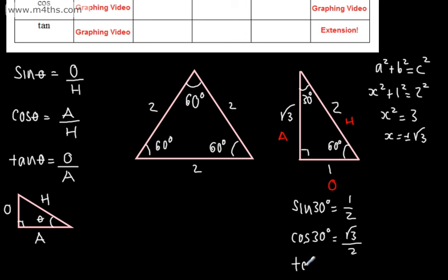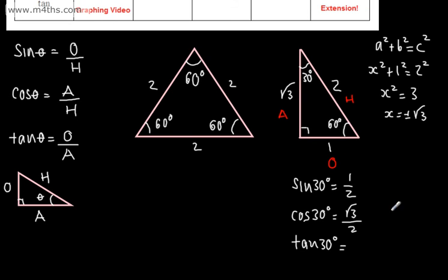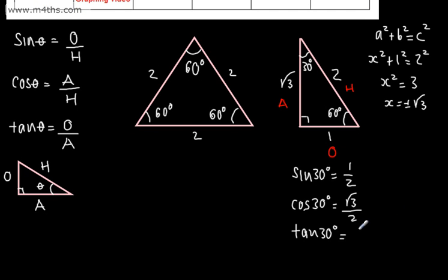Finally, we have the tan of 30 degrees. The tan of 30 degrees is going to be the opposite over the adjacent. So the opposite is 1 and the adjacent is √3. We can write this as 1 over √3. If you pick up a textbook, you might see this written as √3 over 3.